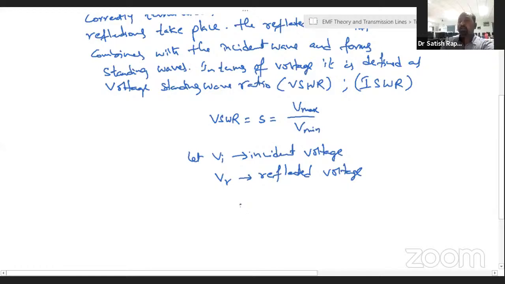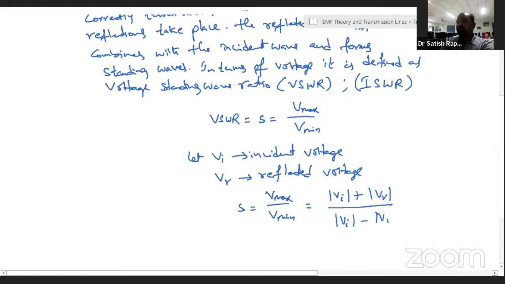Then the standing wave ratio S is equal to the maximum voltage to the minimum voltage. Once again, let me write it. The maximum voltage is Vi plus Vr, the incident voltage plus the reflected voltage, and the minimum voltage is Vi minus Vr.